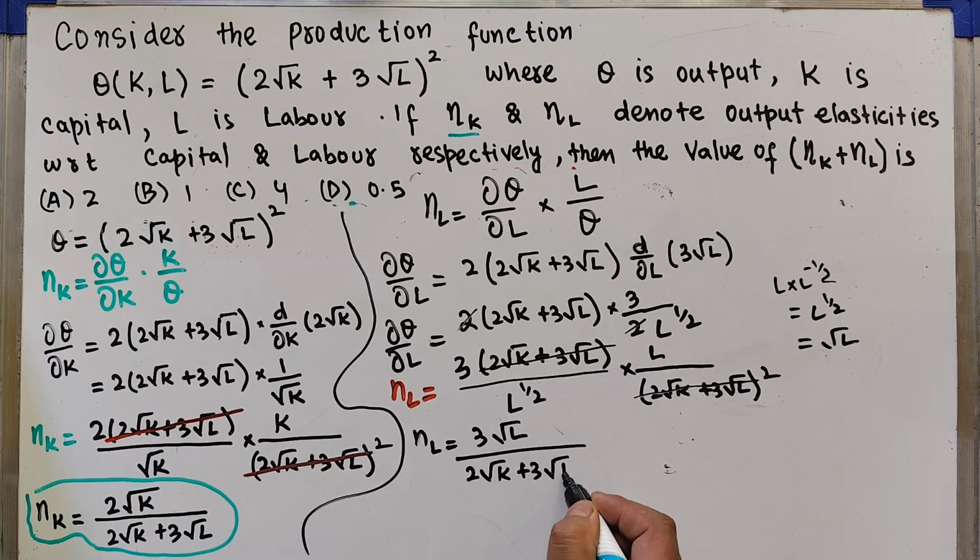3 under root L divided by 2 under root K plus 3 under root L. Now the sum of n K plus n L will be equal to, let us add them up.